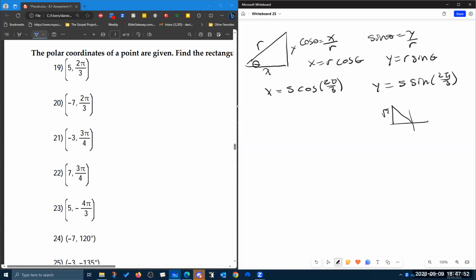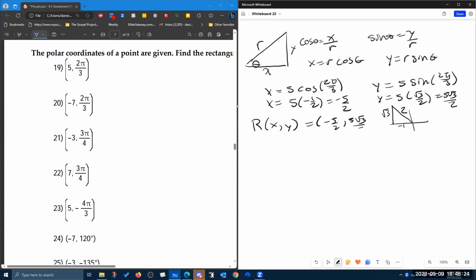So this is root 3, negative 1, and 2. X is 5 times negative 1/2, which is negative 5/2. Y is 5 times root 3 over 2, which is 5 root 3 over 2. So my rectangular XY ordered pair is negative 5/2, 5 root 3 over 2.